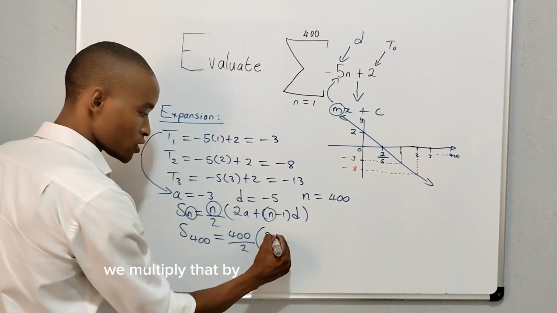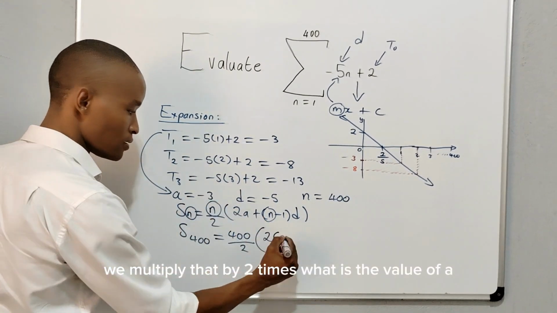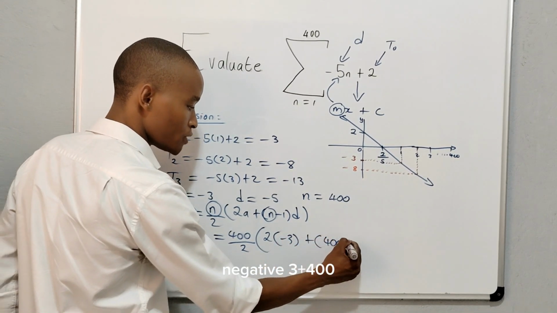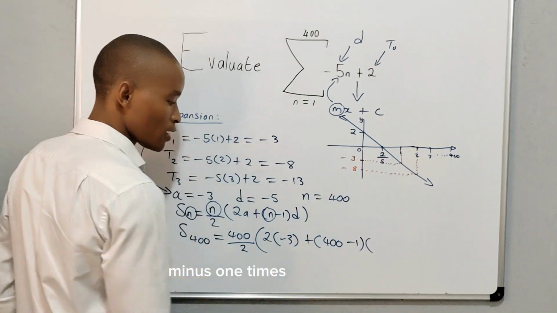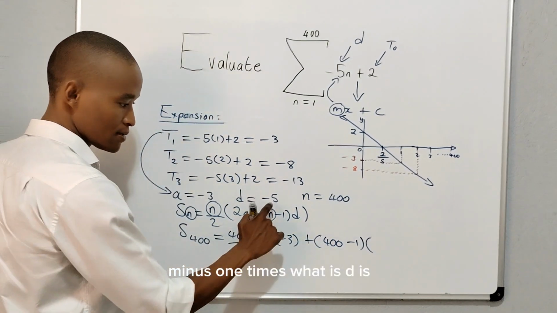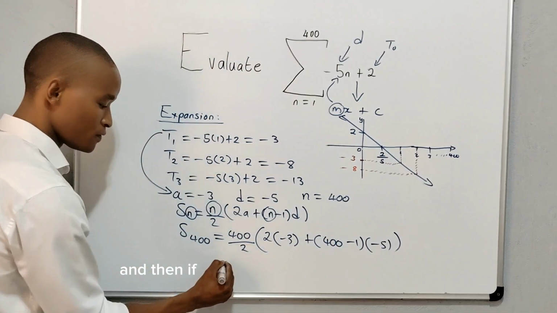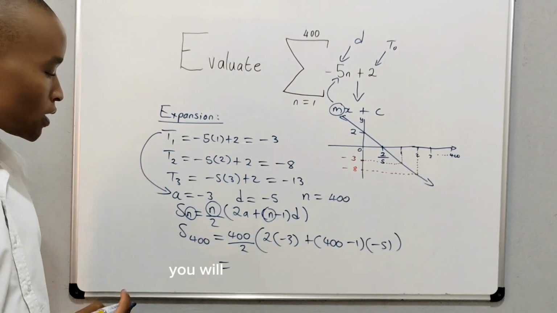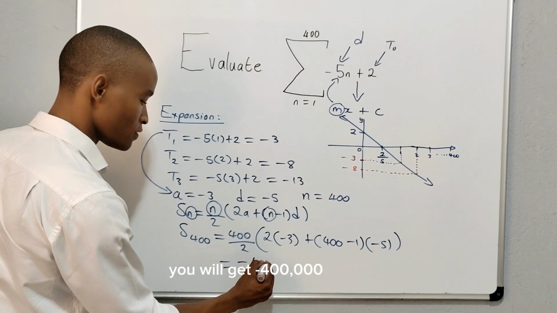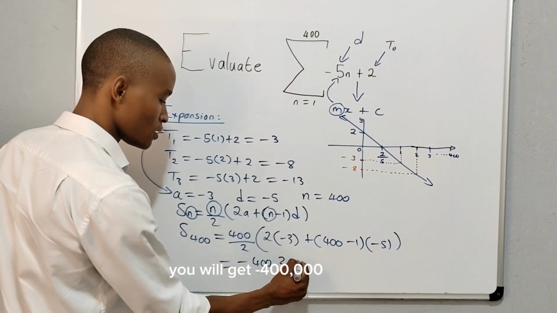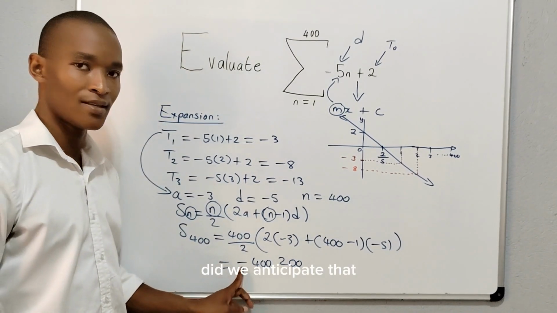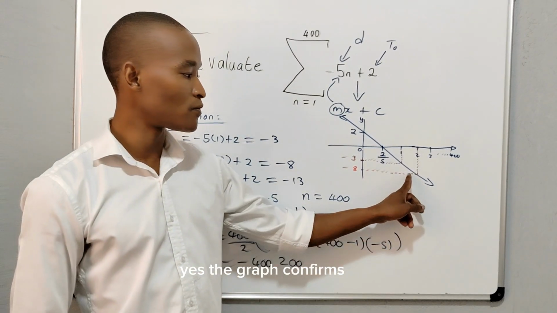We multiply that by 2 times what is the value of a? Negative 3, plus 400 minus 1 times what is d? It's negative 5. And then if you plug that into your calculator, you will get negative 400,200. Did we anticipate that? Yes. The graph confirms that.